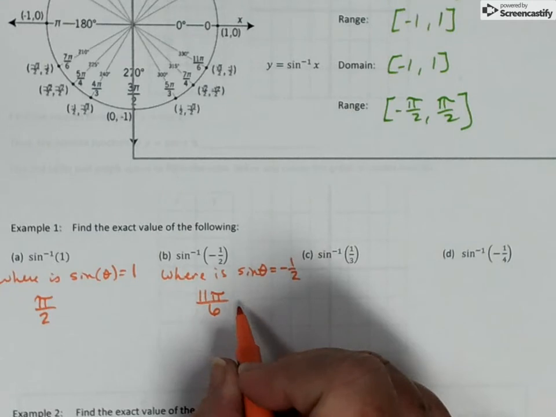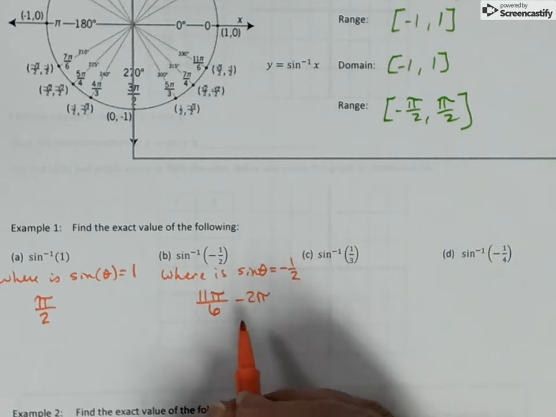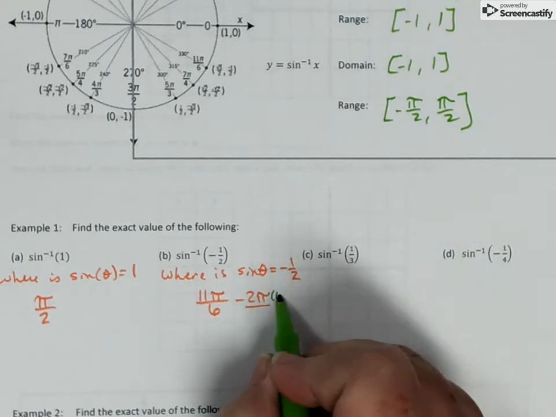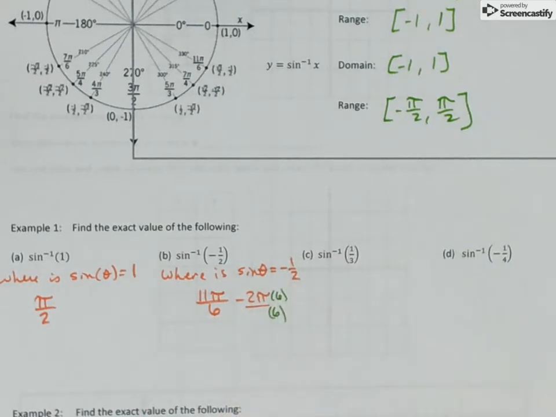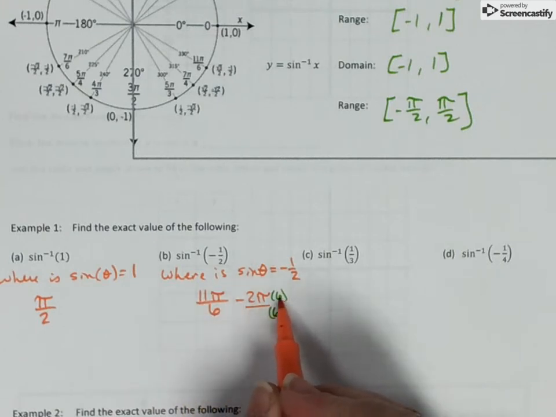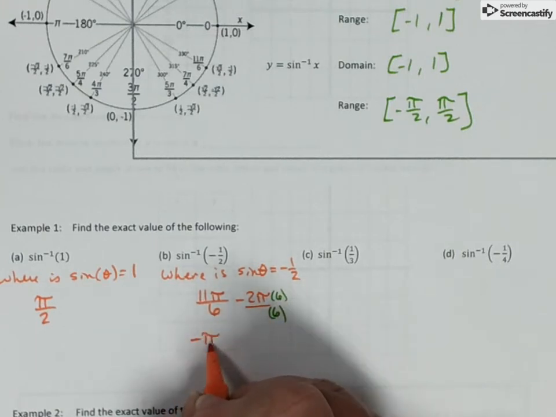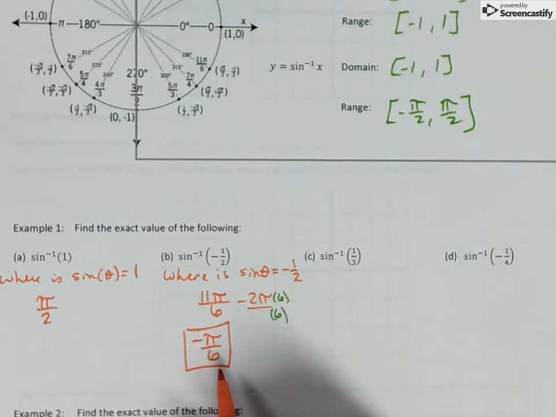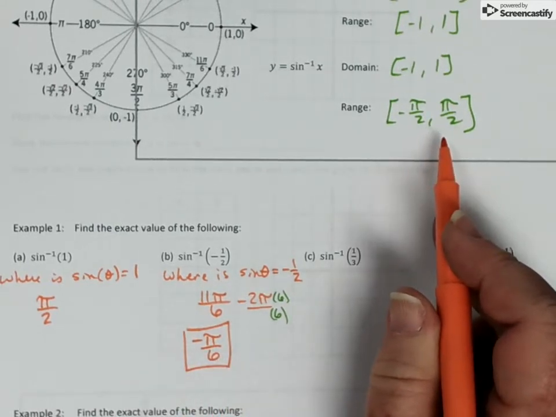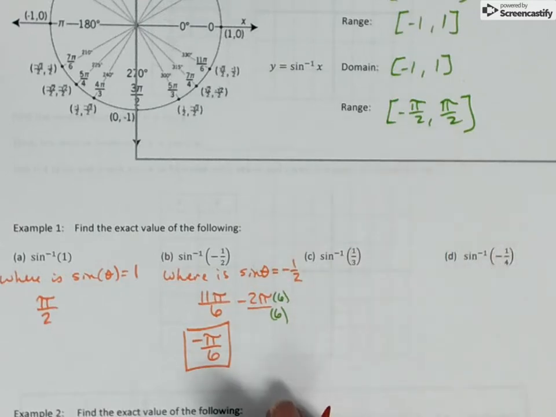So I'm going to subtract 2 pi, find myself a common denominator, and that's going to give me 11 minus 12. Oh, 11 minus 12 is negative pi over 6. Now, is negative pi over 6 in the correct range? Yes, it is. Then we know we have the right answer.